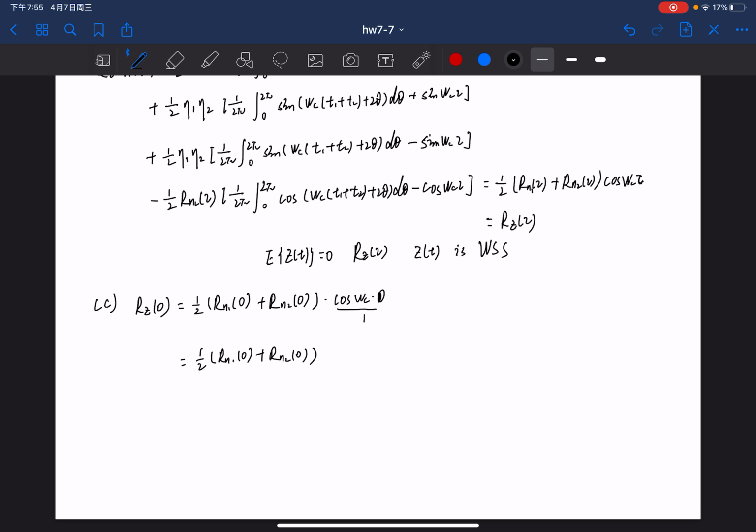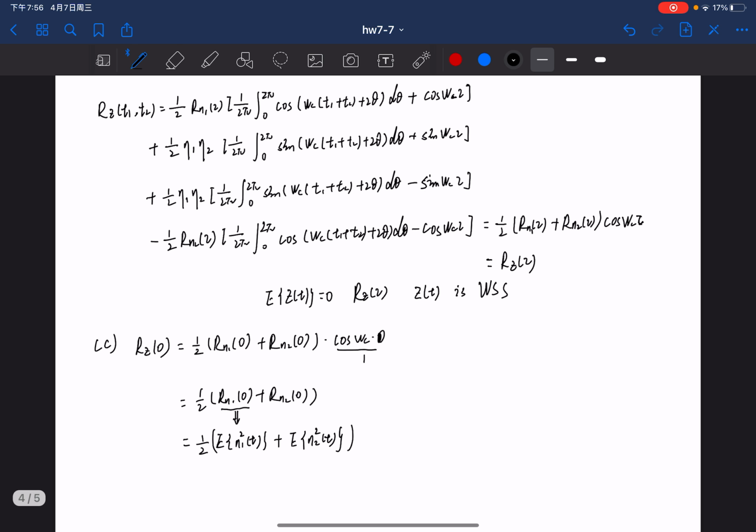And because when tau is equal to 0, we can write this part into this format, plus the expectation of n2(t) to the power of 2. And so this is the C question, and this is the 7th question.